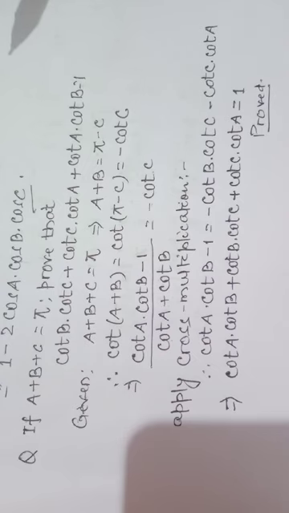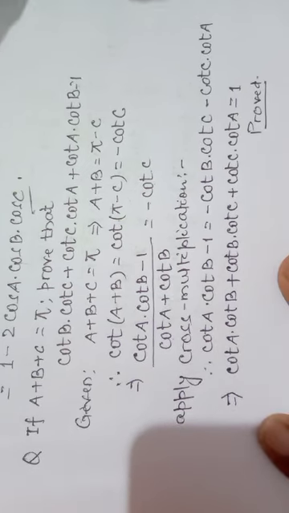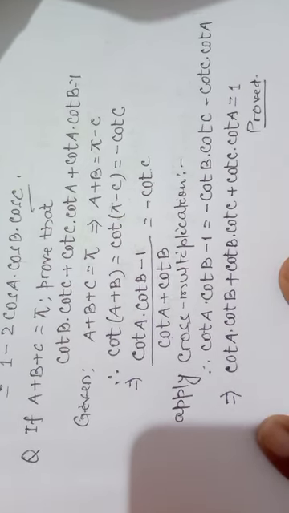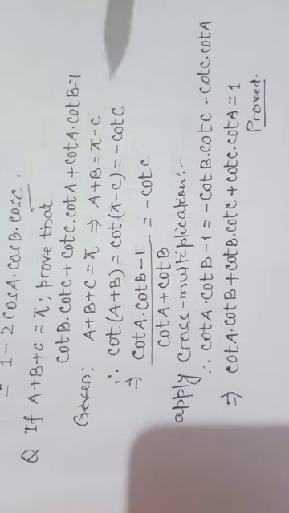If there are any terms like cos square a plus cos square b plus cos square c, convert them in terms of 2a angles: 2 cos square a is 1 plus cos 2a, and 2 sin square a is 1 minus cos 2a. Convert in this way and then proceed.